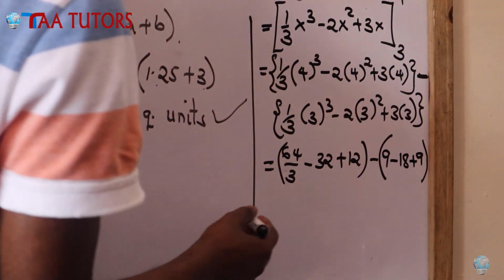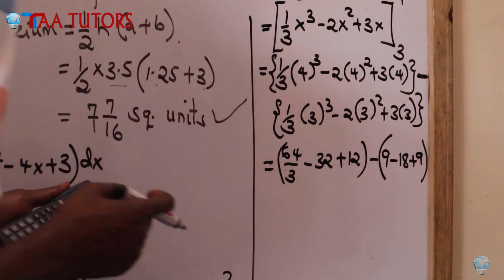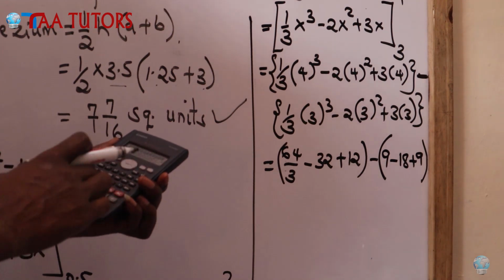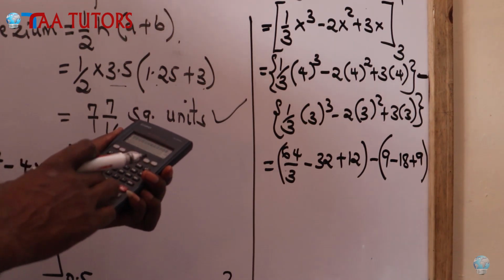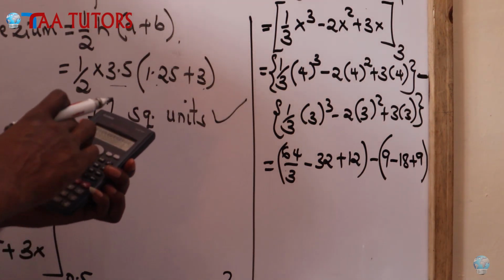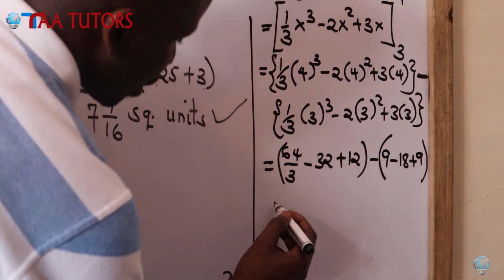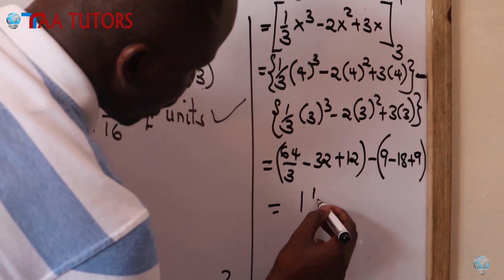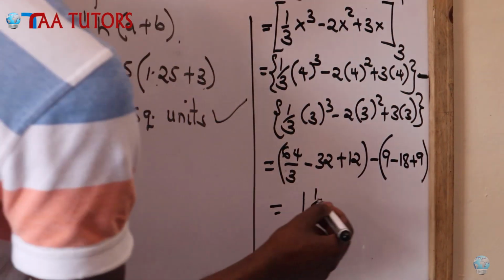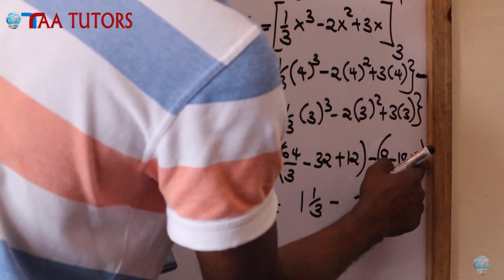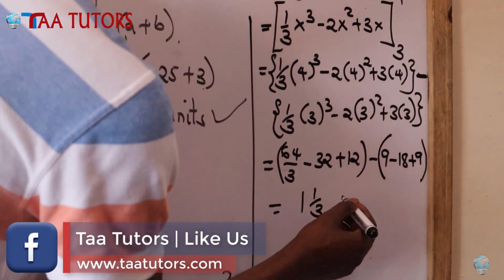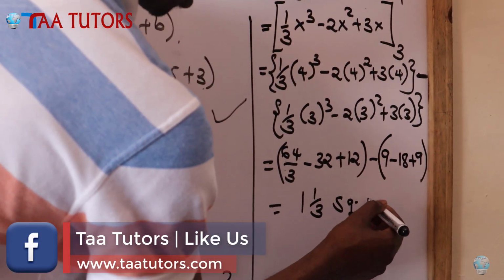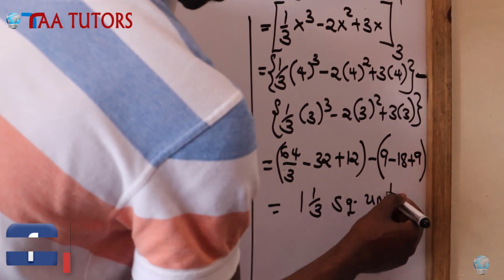So this will be 64 divided by 3 minus 32 plus 12. We get 1 and a third. This 1 and a third minus 9 plus 9 is 18, minus 18 is 0, so everything here becomes 0. So the area there is just 1 and a third square units.